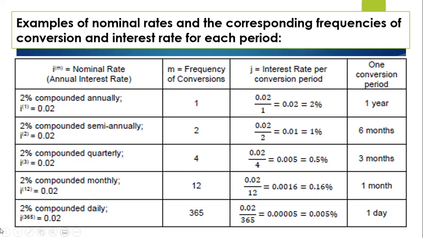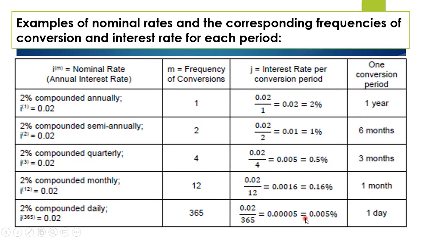For 2% compounded daily. So daily naman, ilang days ba sa isang taon? So 365. Our I raised to 365 is 0.02 pa rin. 365 yung M. Okay, for the J, we can compute it as 0.02 over 365.